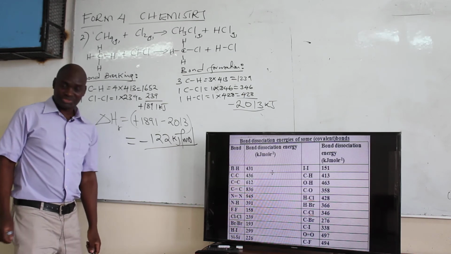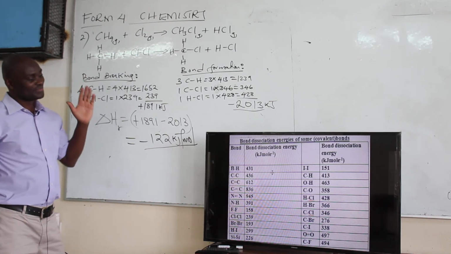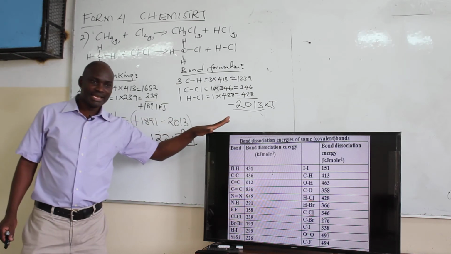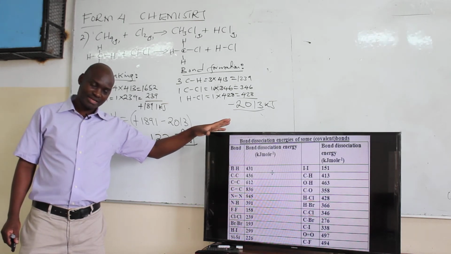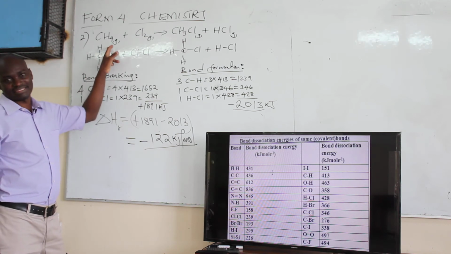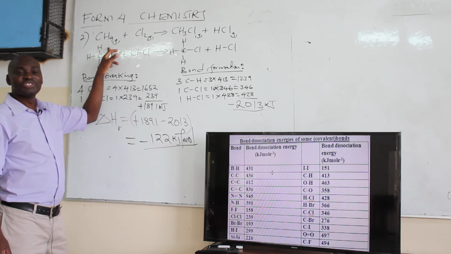So I want to stress some points here. These bond energies are normally given in the question, so you don't have to cram them. First, make sure you balance the equation. If you are given an equation which is not balanced, then you must balance it.